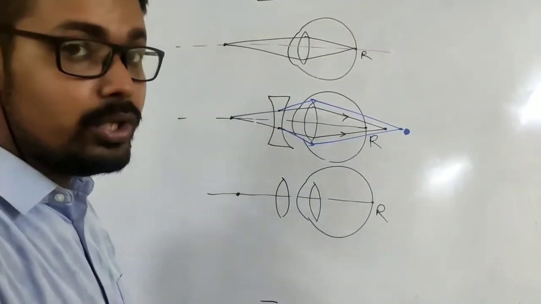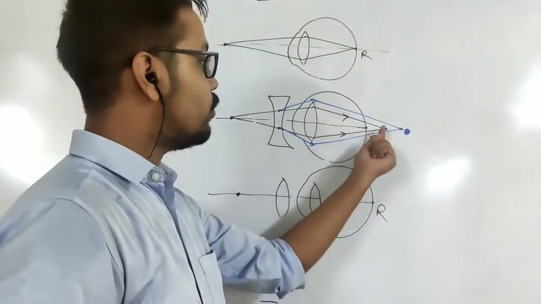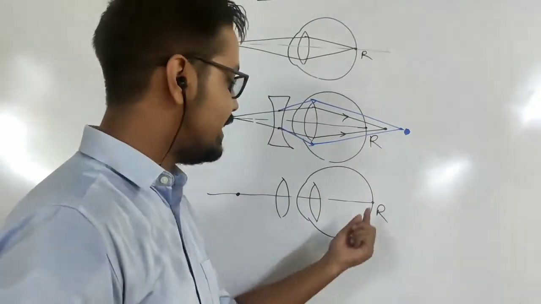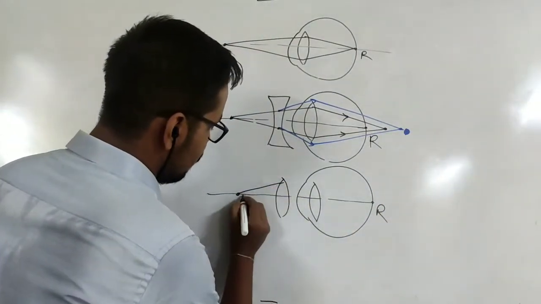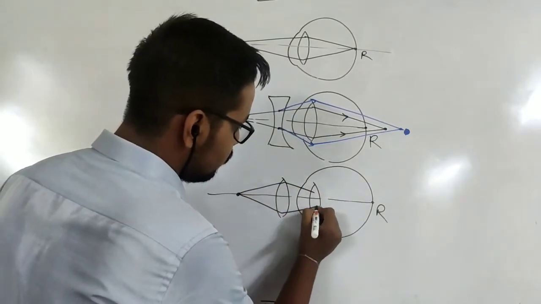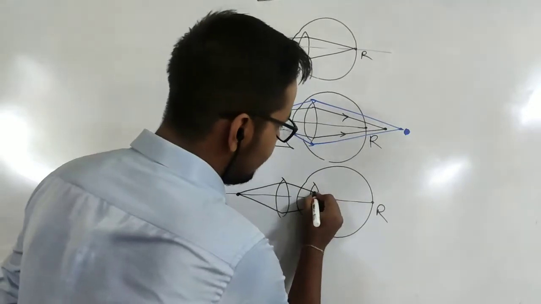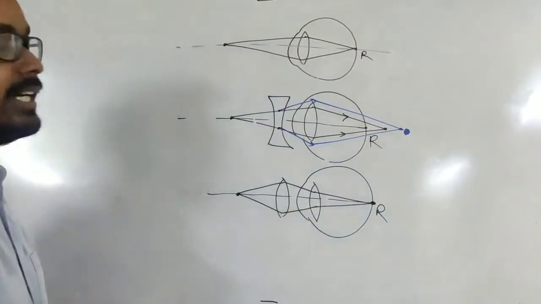What the convex lens will do, it will converge. So double converging will bring the point of meeting of the rays closer. So here the rays will come. Now instead of going straight, they will converge, and from here it will be easier for the eye lens to put it back in place, that is at the retina.